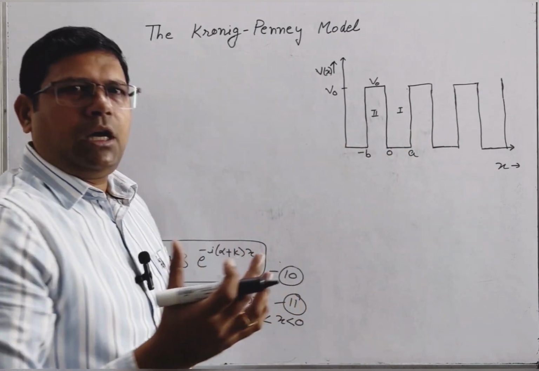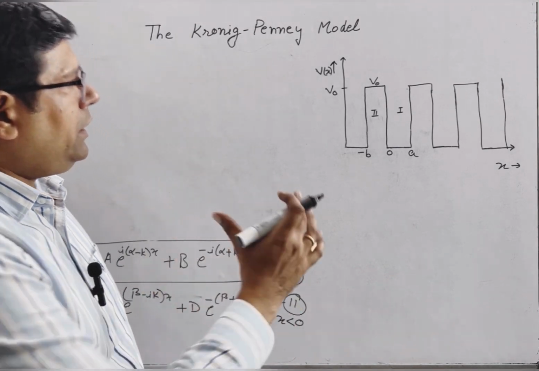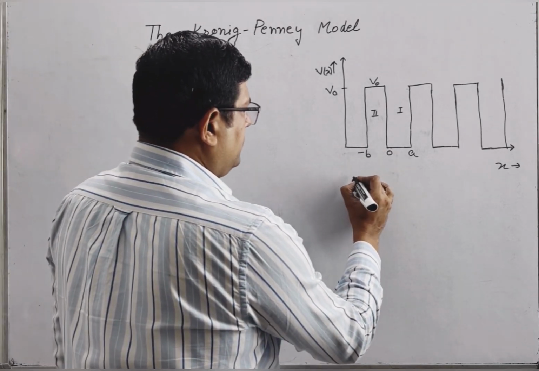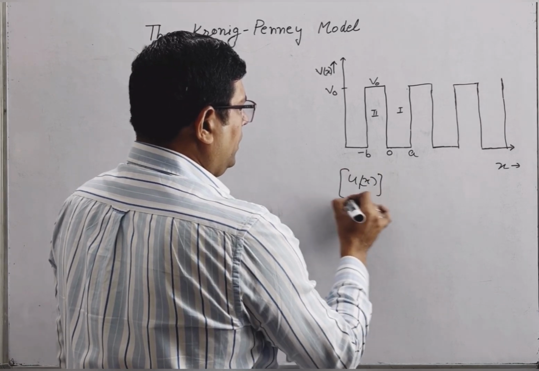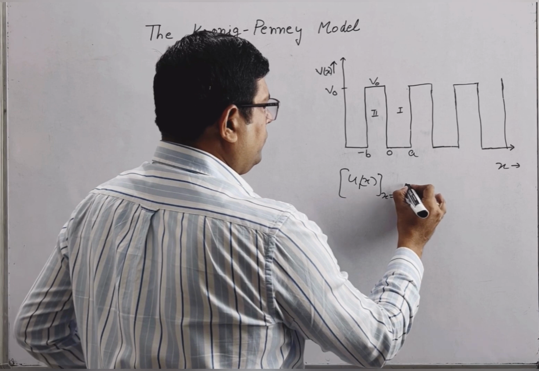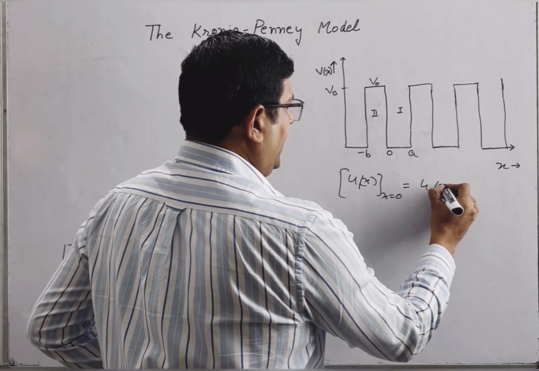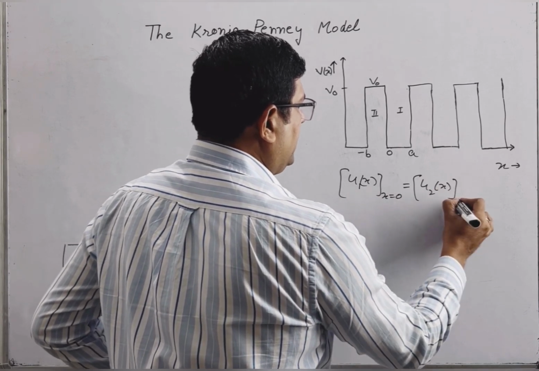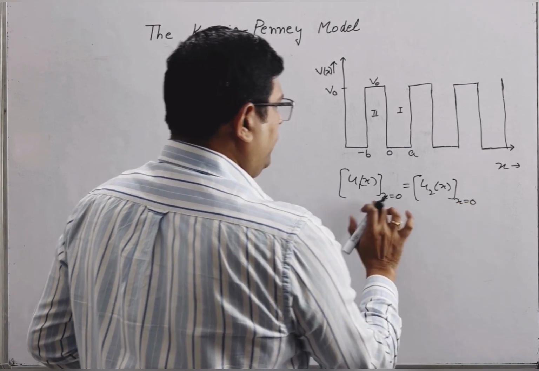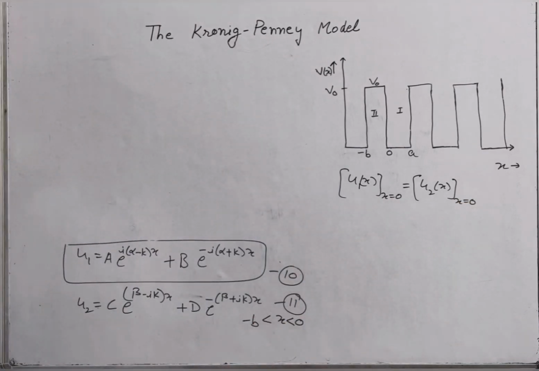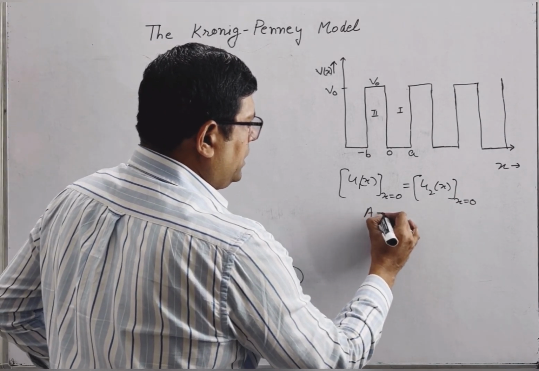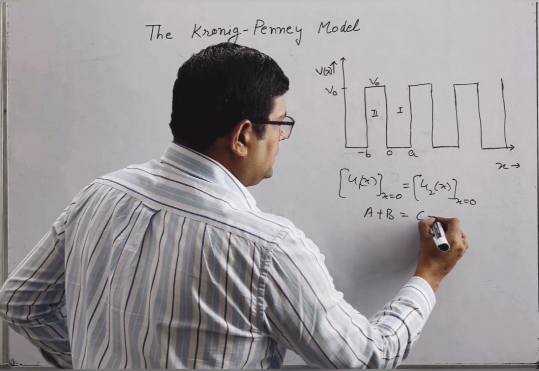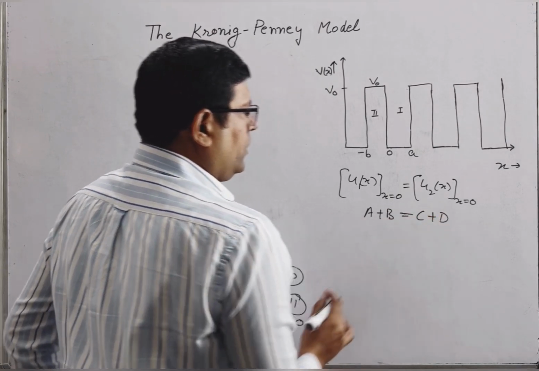So we will apply the boundary condition for continuity of the wave function, that is u1(x) at x equal to 0 will be equal to u2(x) at x equal to 0. From here at x equal to 0, a plus b will be equal to c plus d.